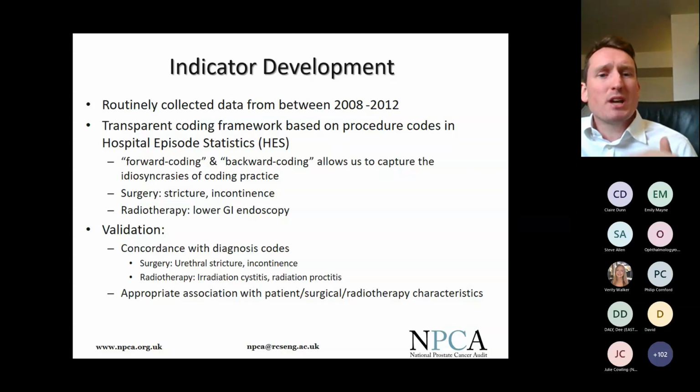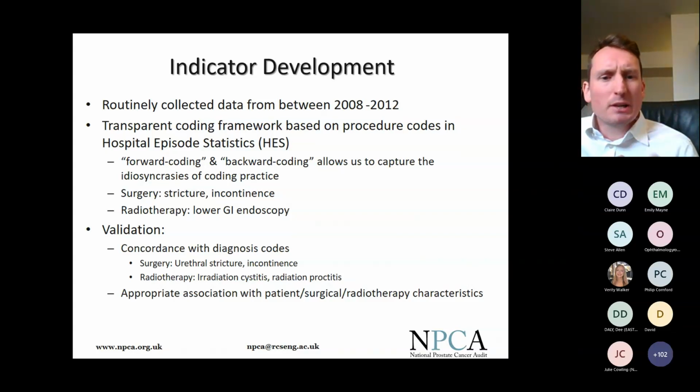We found there was a very high concordance with diagnosis codes. Men having, for instance, a procedure for a urethral stricture post-prostatectomy more often than not had a diagnosis code specifically for urethral stricture, and that added an extra level of validation to the indicator for surgery.